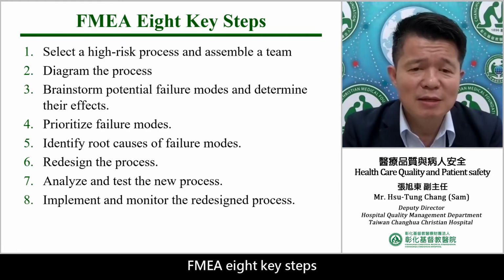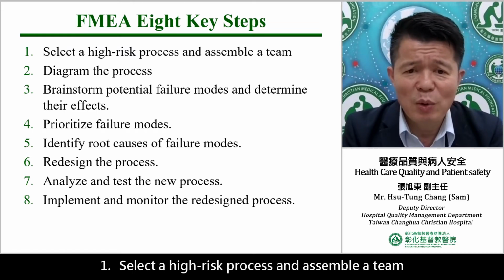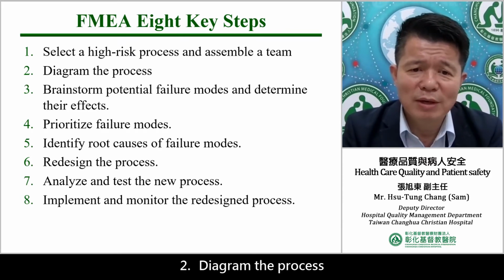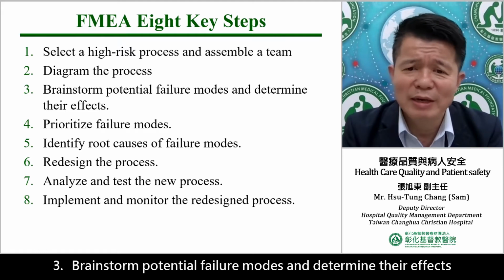FMEA eight key steps. The first is select a high-risk process and assemble a team. Second, diagram the process. Third, brainstorm potential failure modes and determine their effects.